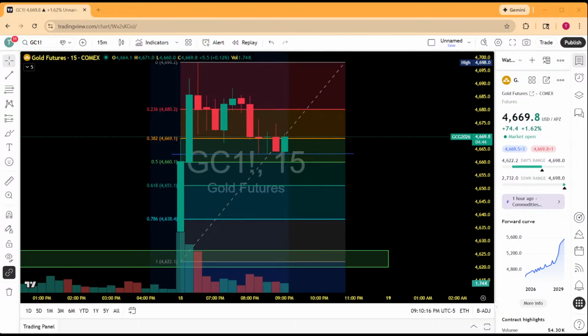All right, team. So we can get into the gold now. Gold is a buy right now. We have a fair value gap and we have a target up to here. 4678 is the target in the gold.